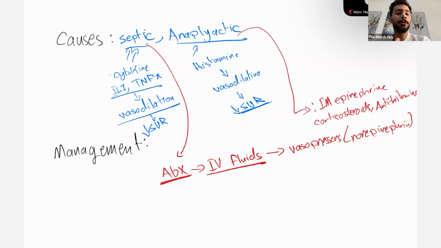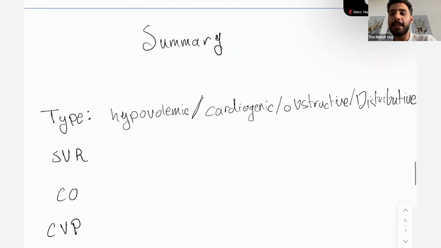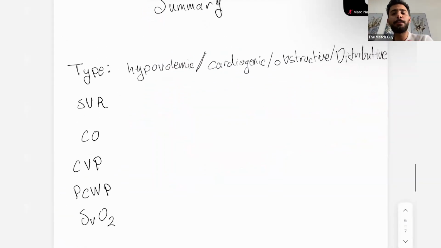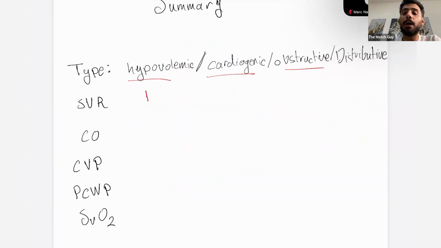Okay, now let's put everything together and see what we are going to have, and also what kind of approach is the best approach for these types of questions on the exam. So hypovolemic, cardiogenic, and obstructive shock, we said that all of them are going to have high systemic vascular resistance and low cardiac output, okay?